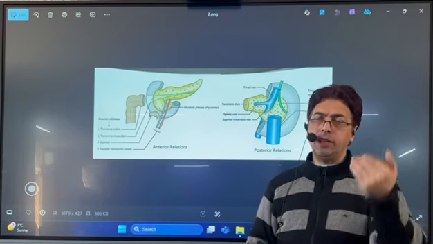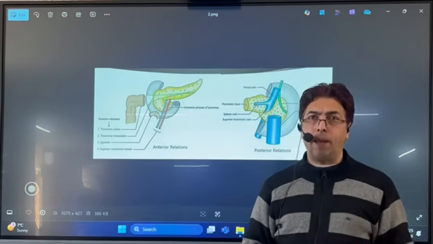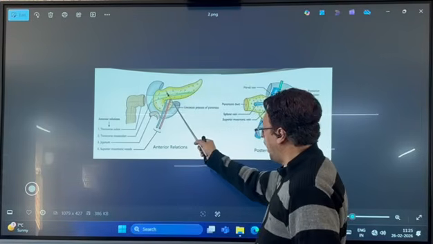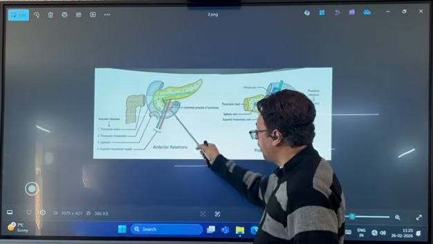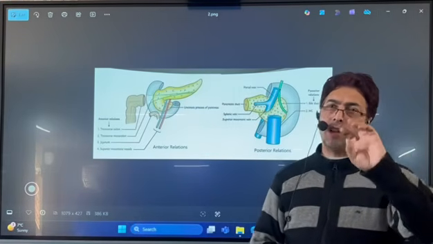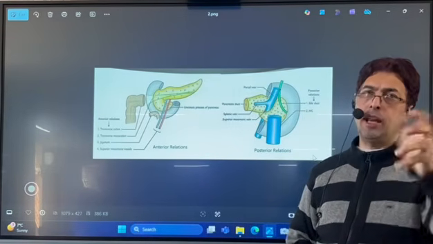The head has three borders: the superior border, the inferior border, and the right lateral border. But the surfaces grossly would be anterior and posterior.